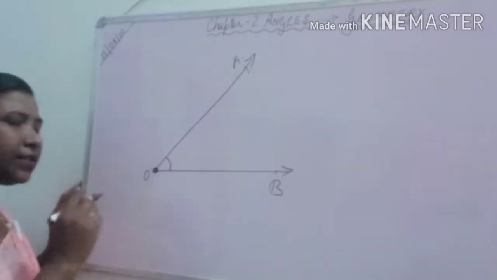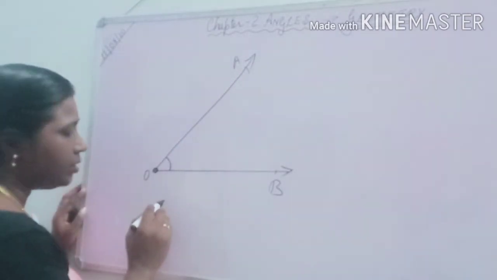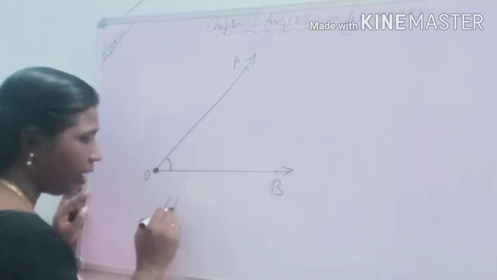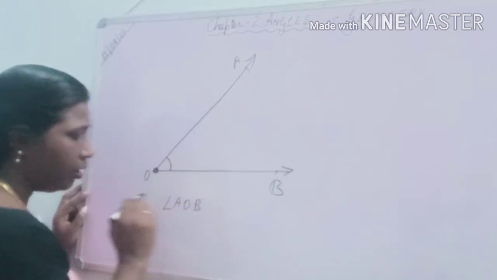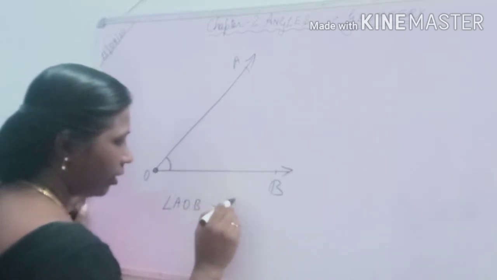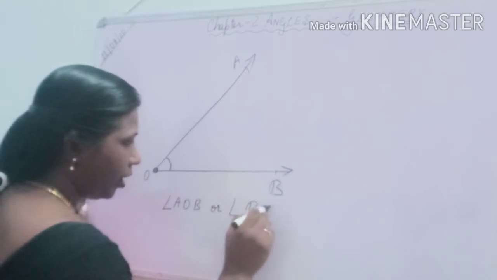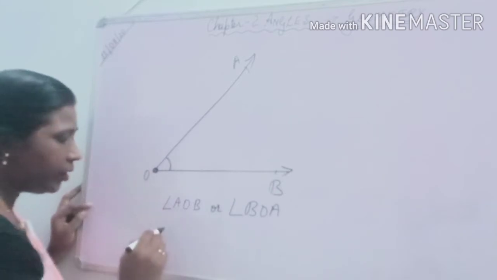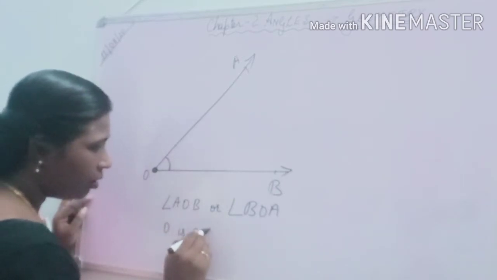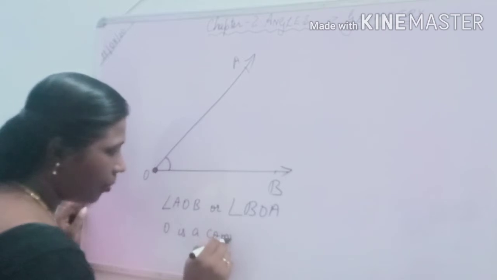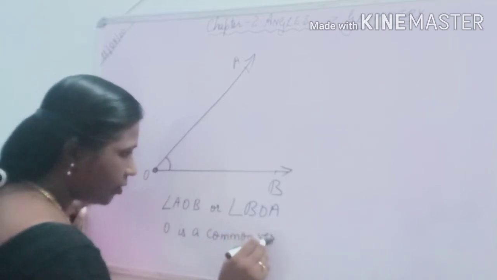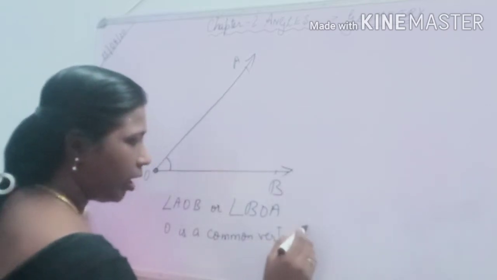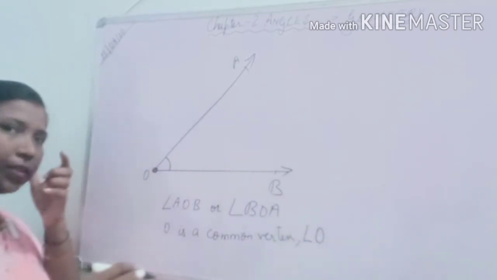This angle is denoted with the angle symbol, and we write angle AOB or angle BOA. Because O is a common vertex, we can also write it as angle O. Is that clear, students?